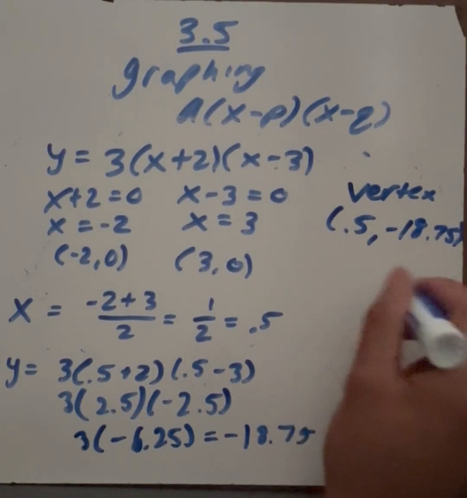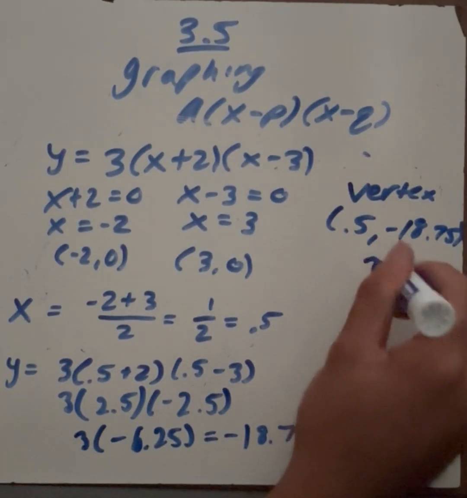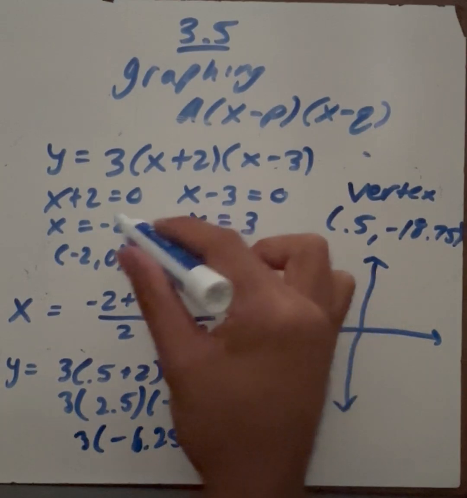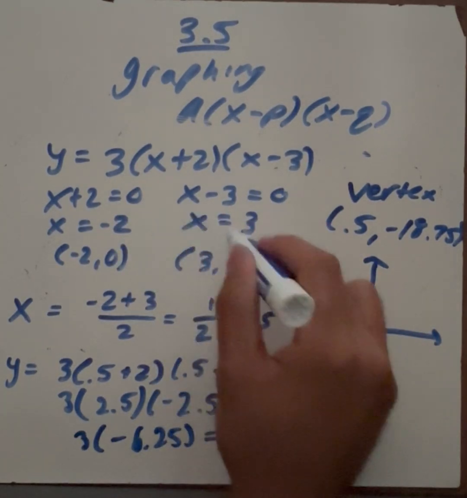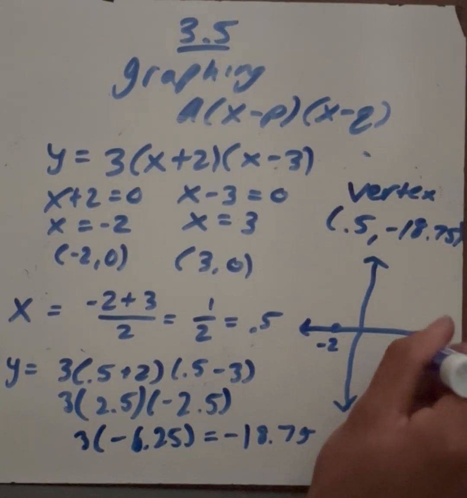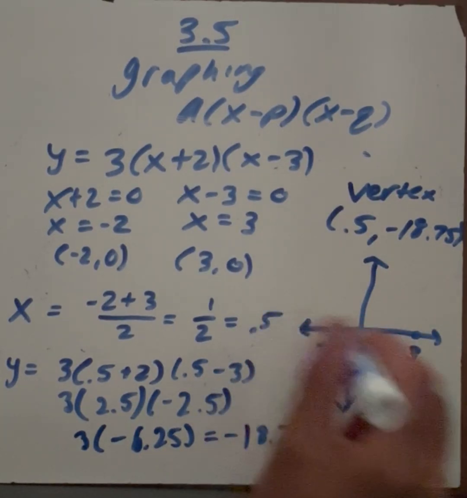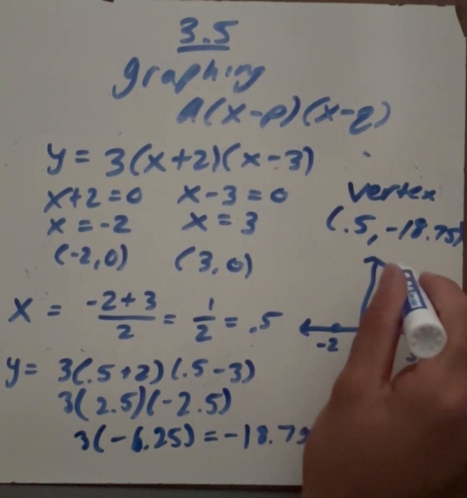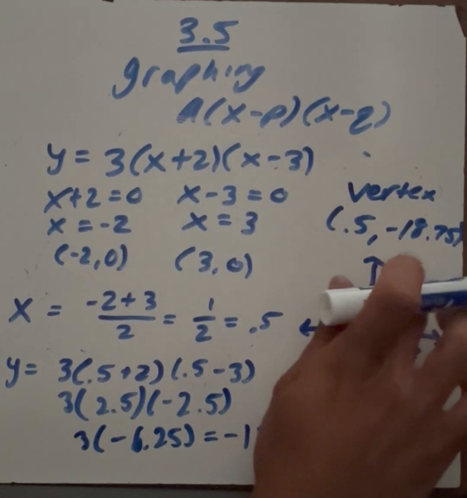So graphing this, we know that our x-intercepts are negative 2 and 3. Our axis of symmetry is at x equals 0.5, so that's somewhere right here. Our vertex is at 0.5, negative 18.75, which is like right down here somewhere.